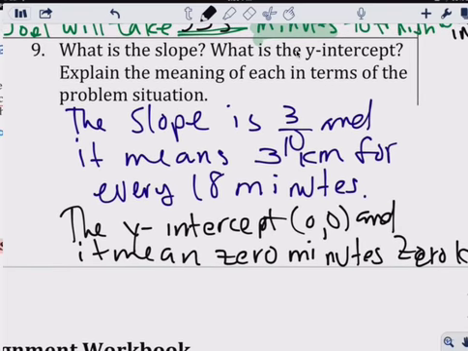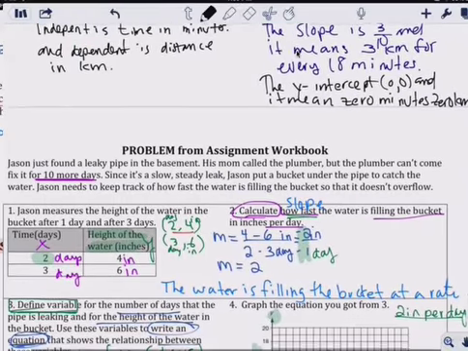Right, a little bit smaller so it can all fit. 0 kilometers. Okay?